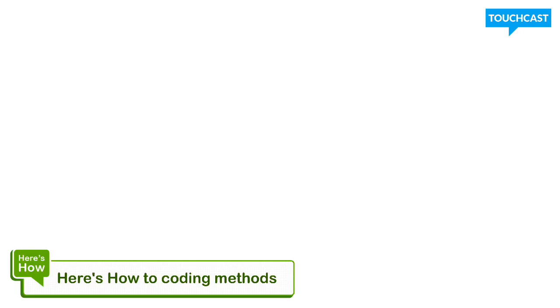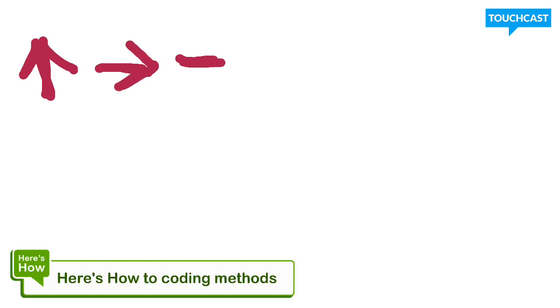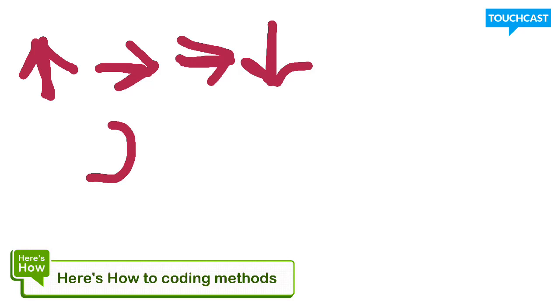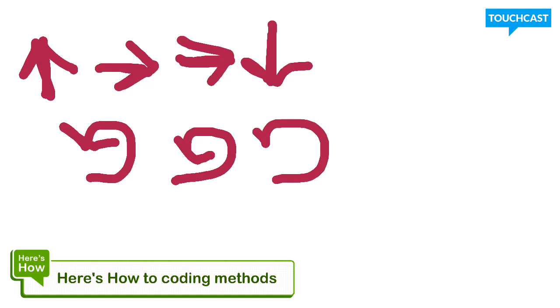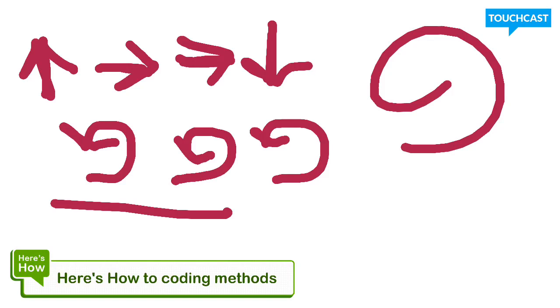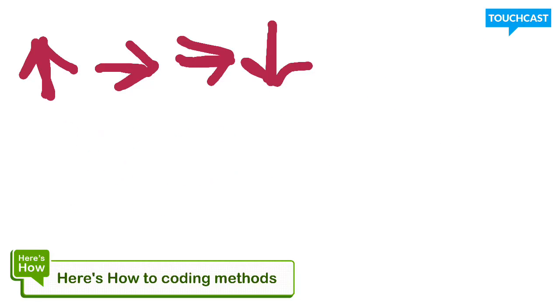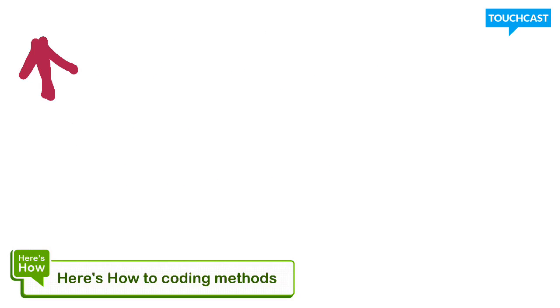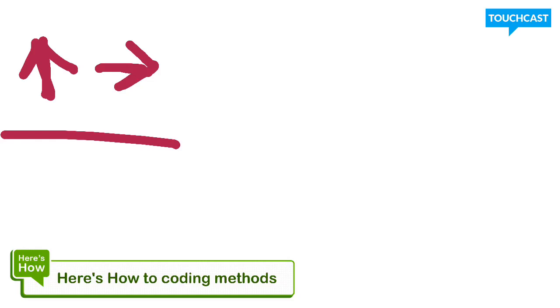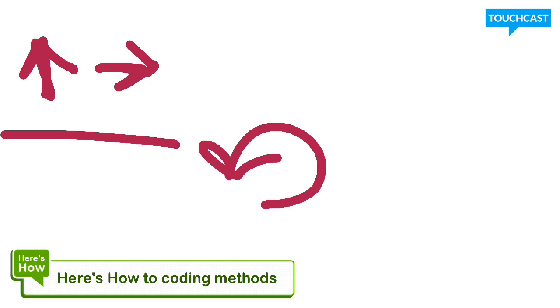One coding method is up, side, other side, down. And then there also is turn, other turn, and another turn. If you turn twice, that means the cup's flipped over. Those are two coding methods in turn too.